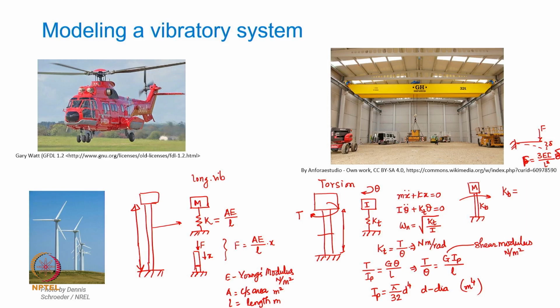So, essentially this will give us the stiffness of the beam in the lateral direction as 3 EI over L cube. Okay. And so, if you substitute for Kb in the equation of motion, considering this again to be a spring and mass system, then the square root of Kb over m will give you the natural frequency in the bending vibration. So, this is the case of a bending vibration.